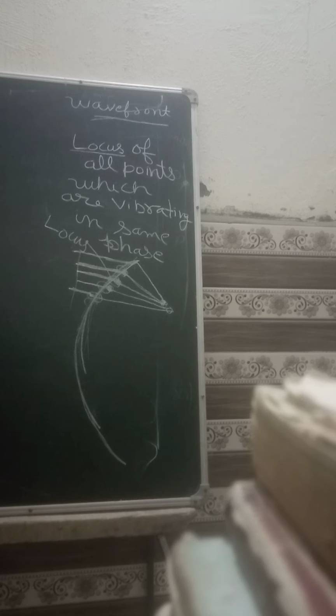Now what are the types of wavefront? One of the simplest wavefronts is the spherical wavefront, which is simply formed by a point source. All of you know very well how a wave is created when some disturbance is created.